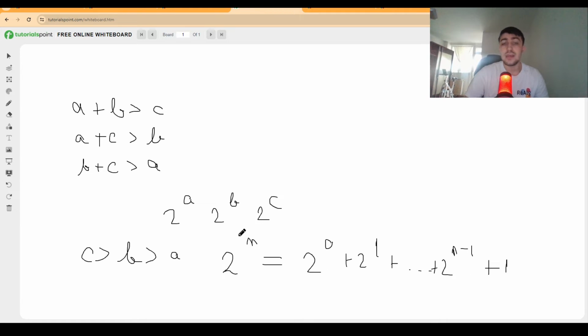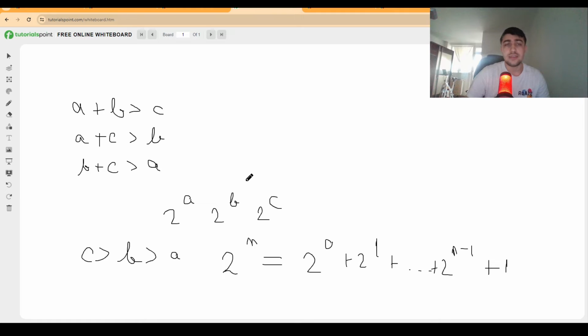This means that, in other words, a power of 2 is greater than the sum of all other powers of 2 before it. So in this case, if we were to do this, this triangle would always be degenerate. So we can't have such a triangle. In conclusion, we now must have at least 2 equal sides.